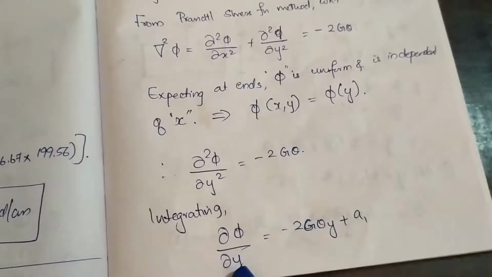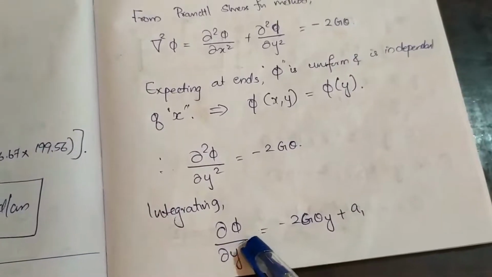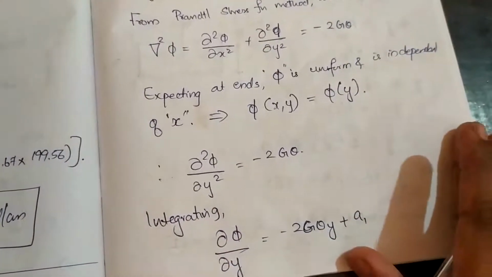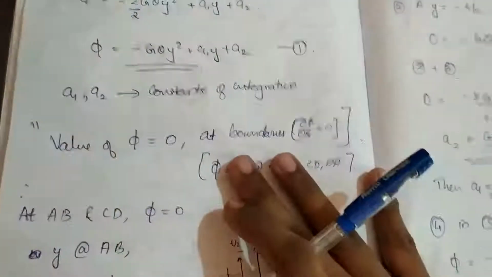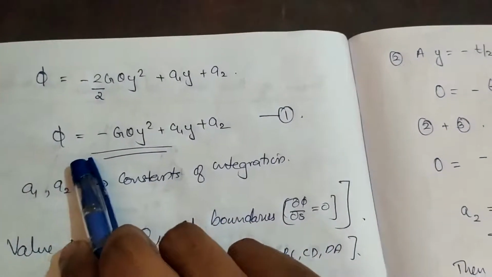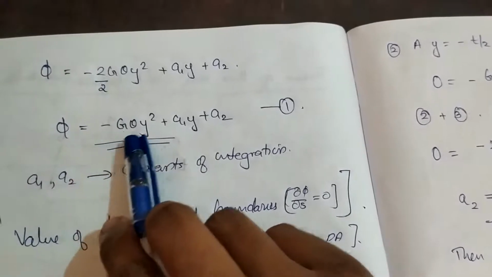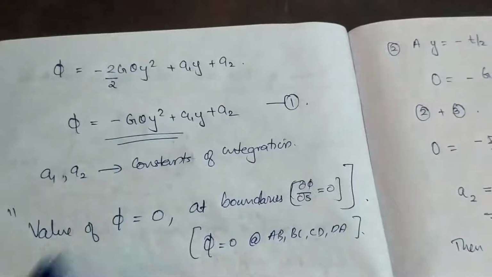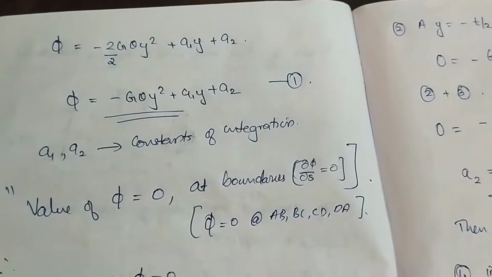Now if you integrate this twice, you will get the value of phi. So dphi by dy is minus 2 G theta y plus a1, and so you get phi equal to minus G theta y square plus a1 y plus a2, where a1 and a2 are the constants of integration.